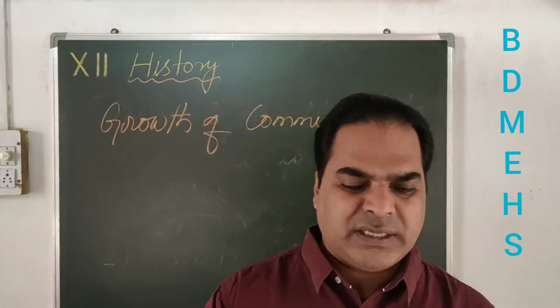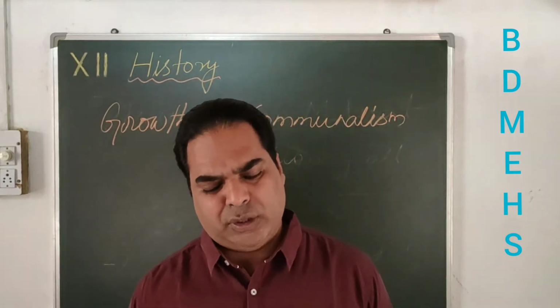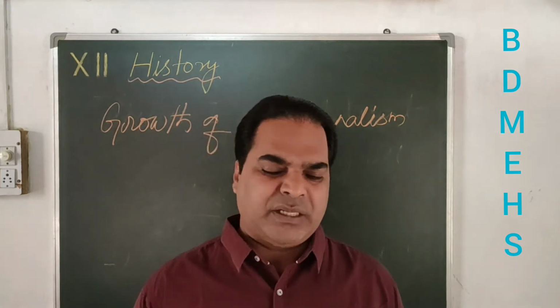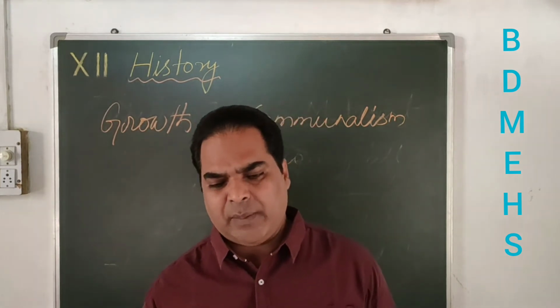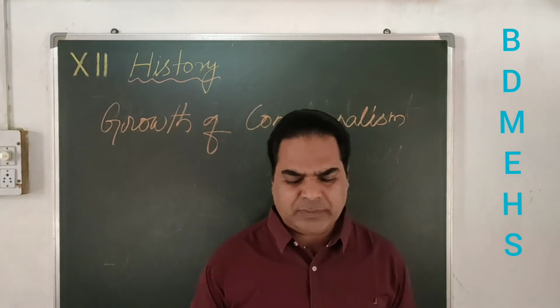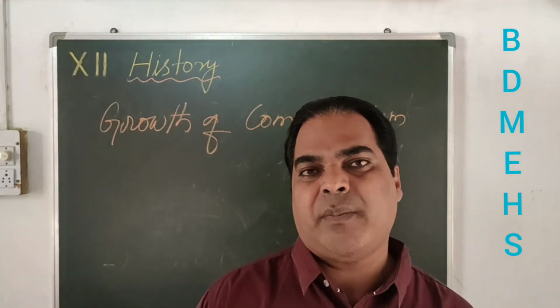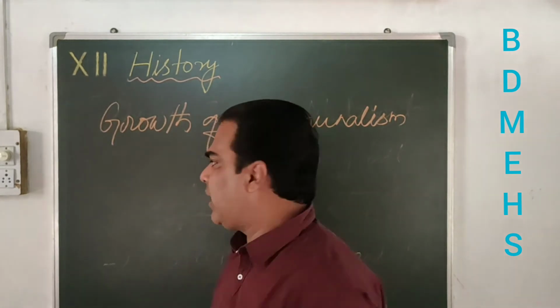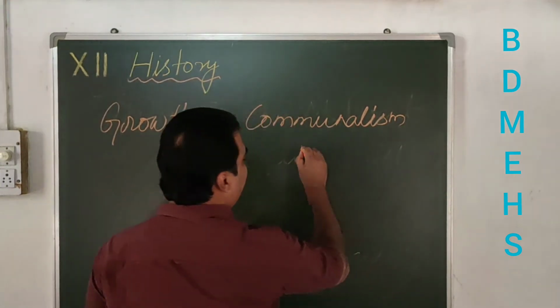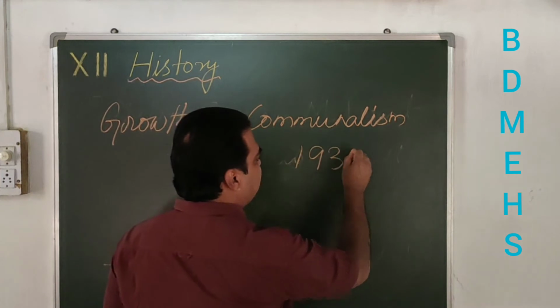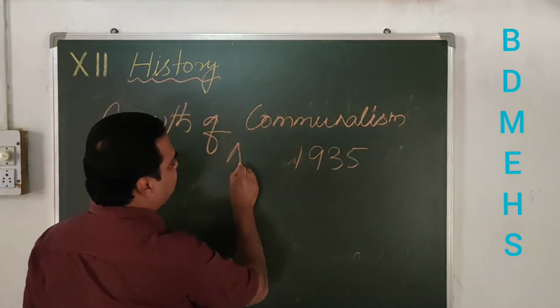In the second Round Table Conference, Gandhiji accepted to attend it, but still there was no way to come up with a conclusion. Then the British government came out with the Government of India Act 1935.